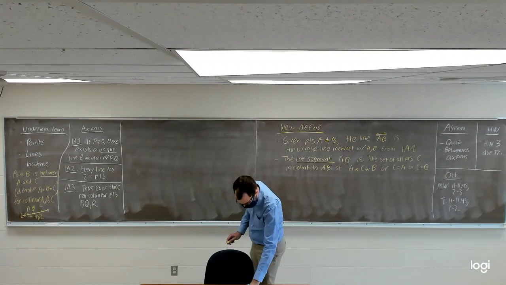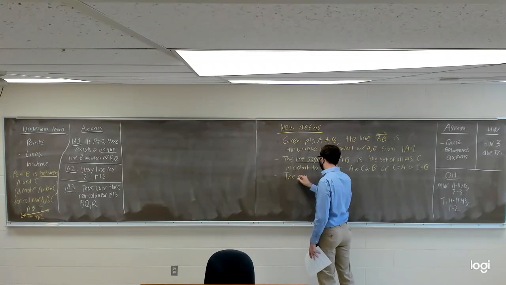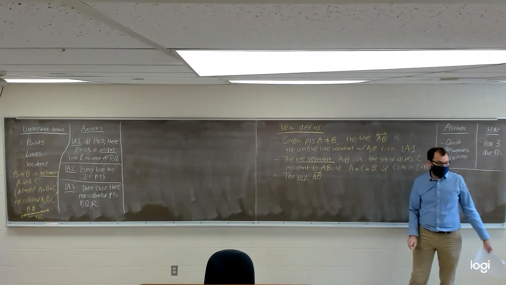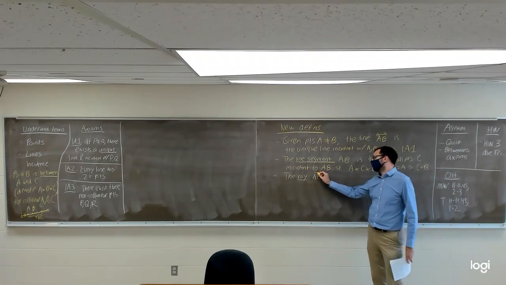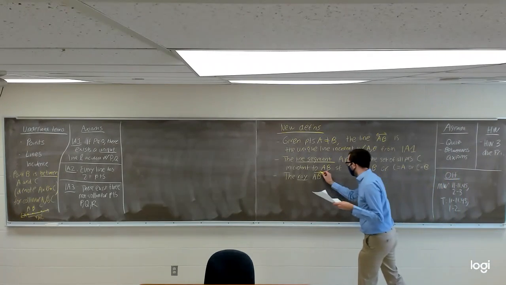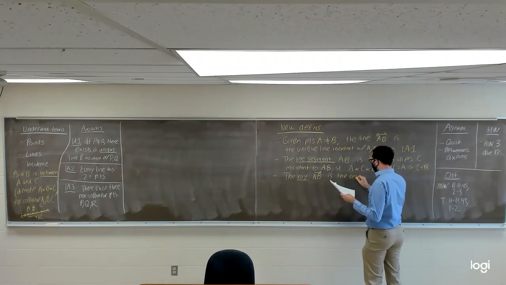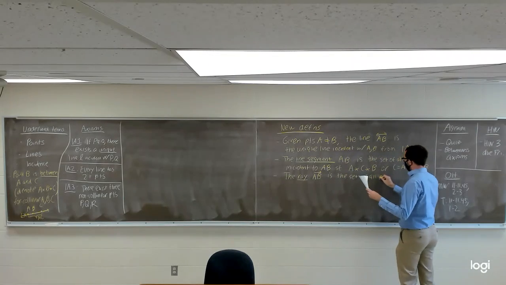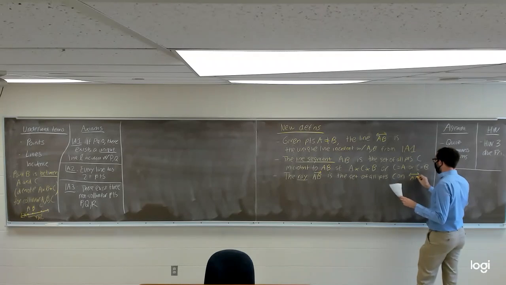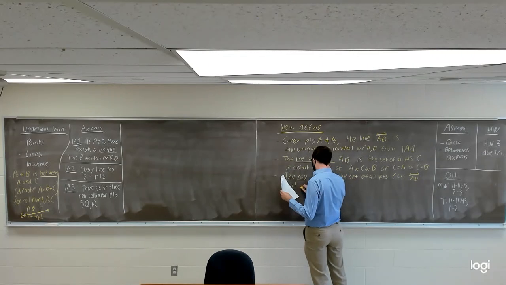So next up, we can define a ray pretty similarly. The ray AB, with a little arrow going only one direction on it, from A in the direction of B, is the set of all points C on the line AB such that one of four things happens.